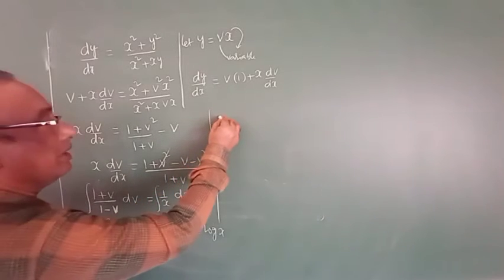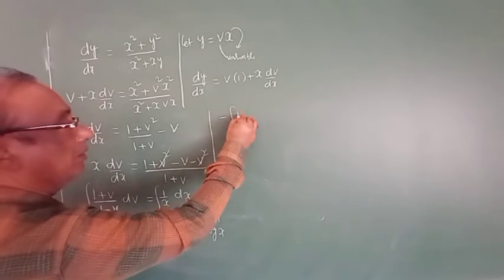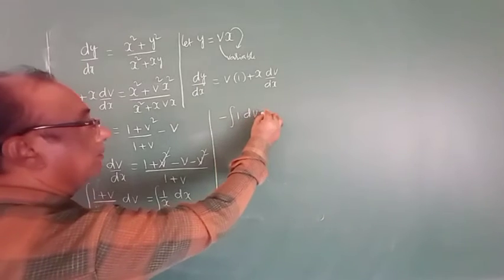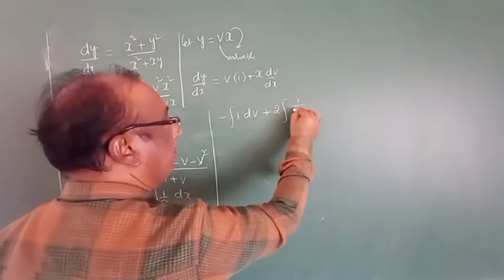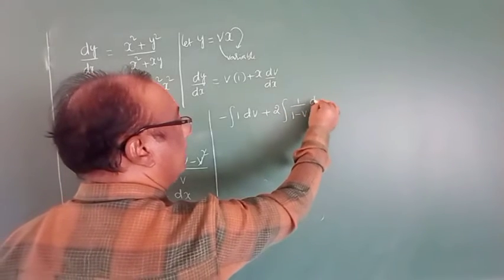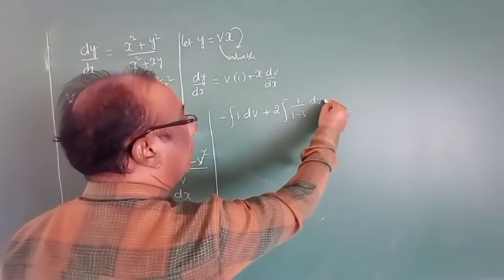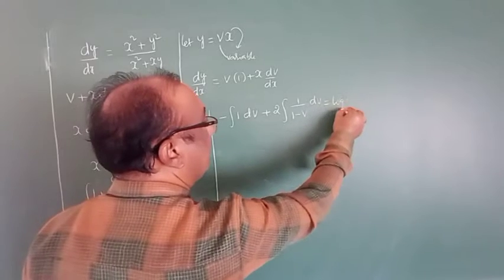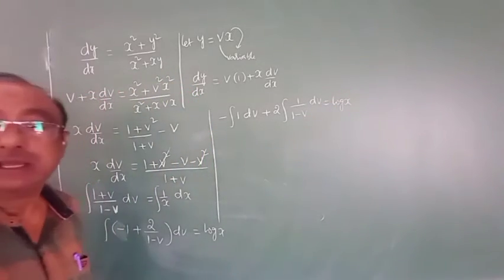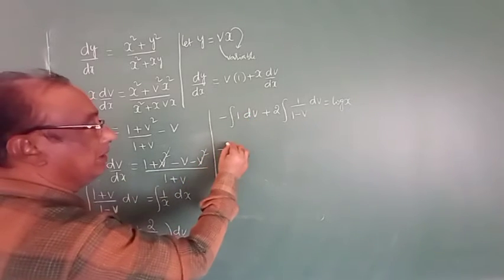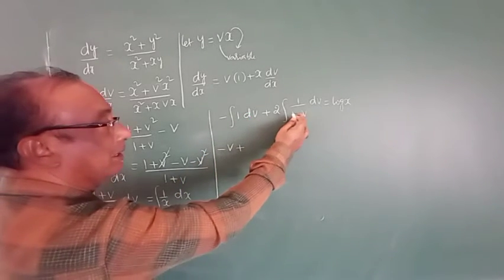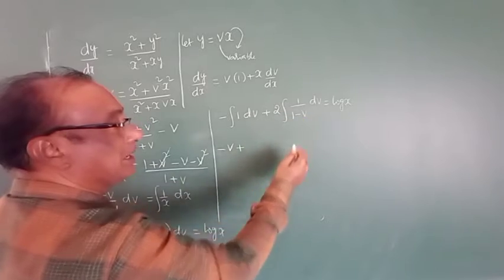Integral of minus 1: take the minus outside, 1 into dv, plus 2 outside, integral of 1 by 1 minus v into dv is equal to log x. This is equal to log x minus 1 into dv, which is v. Here it is of the form f dash x by f of x.